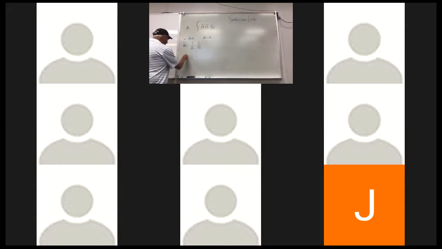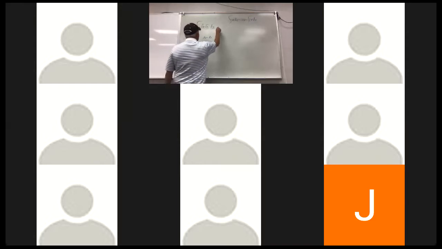And so if I write this, if I take this square root of x times this square root of x, I'm just going to get x. Okay. So this is what u is equal to. This is what du is equal to. And the antiderivative of dv is v, and the antiderivative of dx is x.